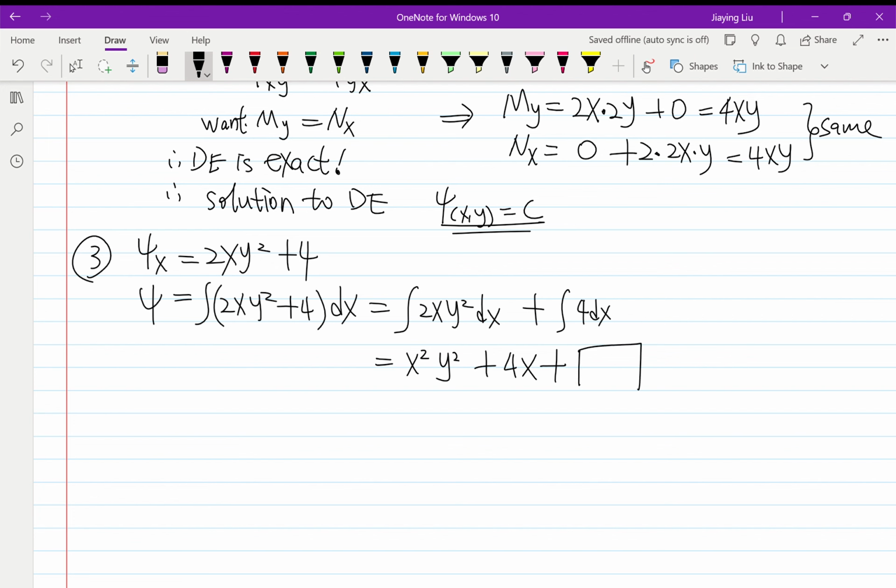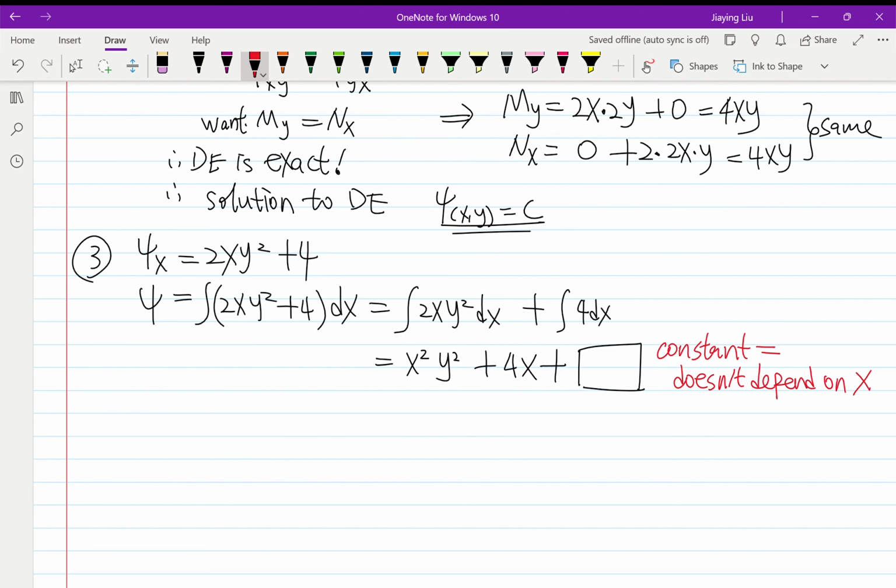So this constant term, let me write it down. It's only constant in the sense that it doesn't depend on x. Because we integrate with respect to x, this constant doesn't depend on x. It's constant relative to x, but it could depend on y.